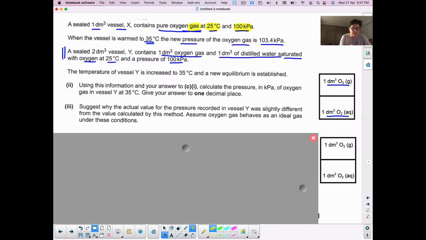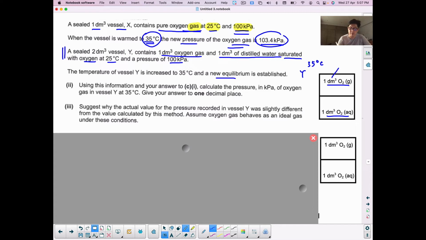When this vessel Y is increased to 35 degrees Celsius, a new equilibrium is established. So what happened when it increased to 35 degrees Celsius? At 35 degrees Celsius, the pressure of the oxygen gas is 103.4. So it has increased from 100 to 103.4.